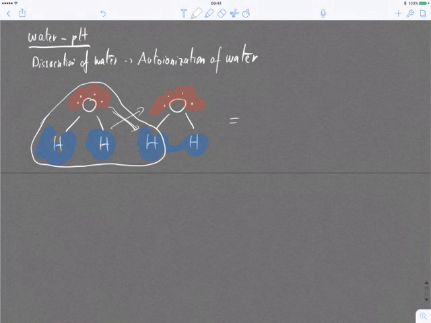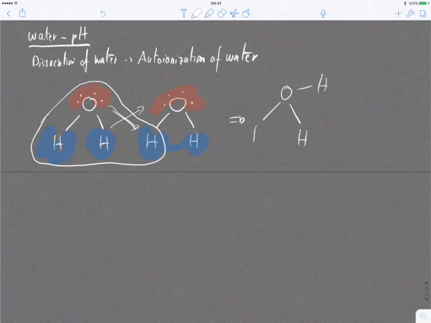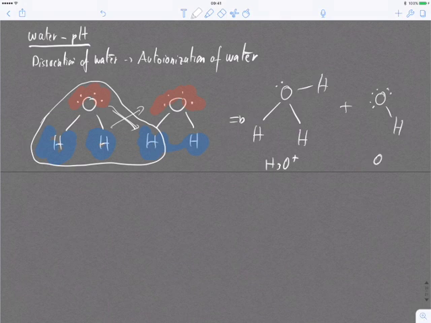And this will give you one molecule of hydronium and one molecule of hydroxide. So in this case it is H3O plus and OH minus. This is called hydronium, and this is called hydroxide.